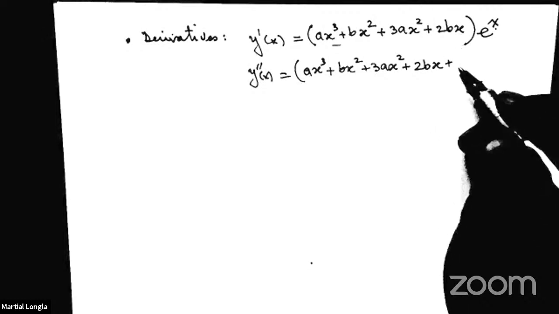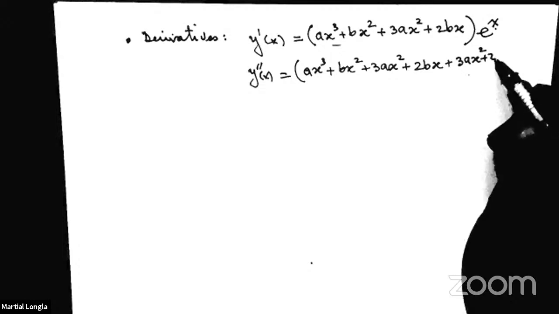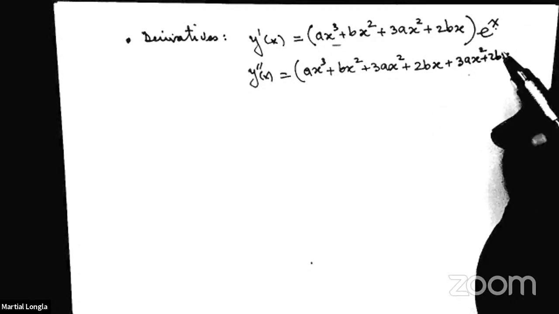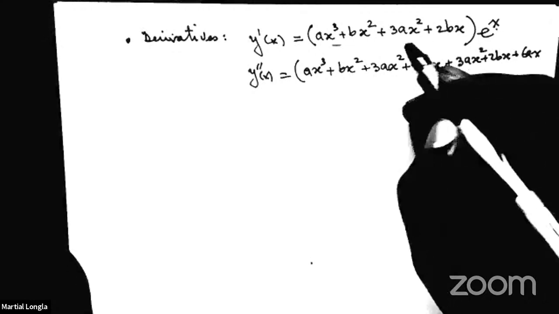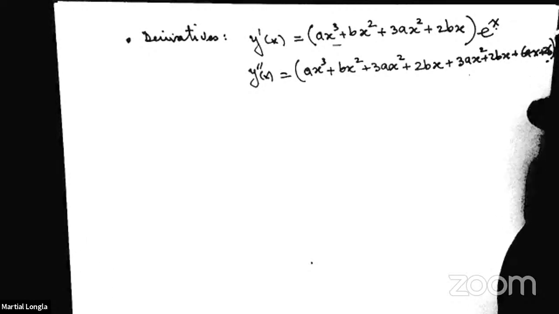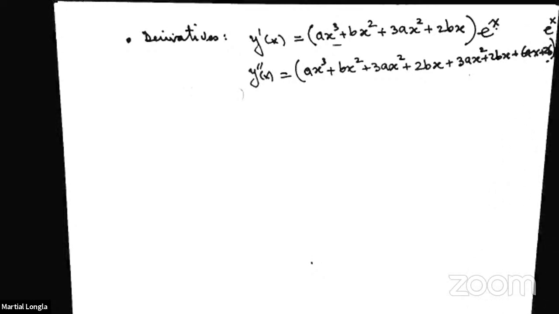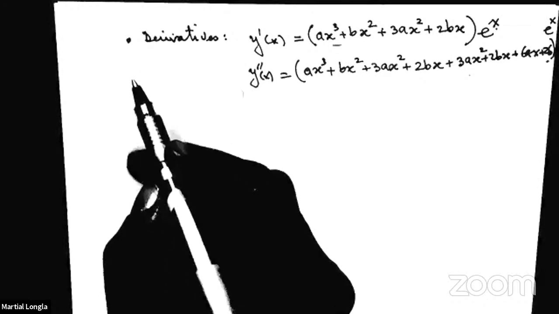So that's going to be 3ax squared, 2bx, 6ax, and 2b. And after that 2b, you multiply by e to the x. So this is what that derivative is going to give you. So we get the first derivative, we get the second derivative, we get the function.